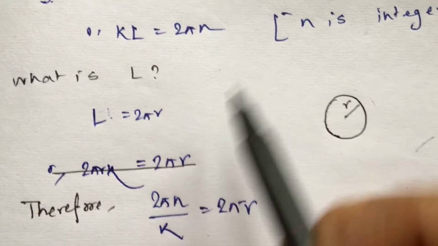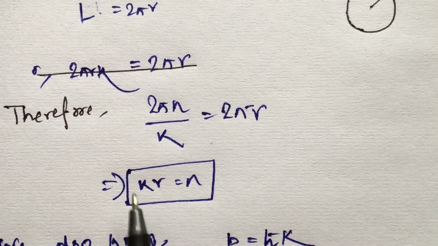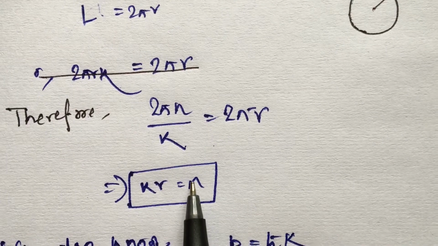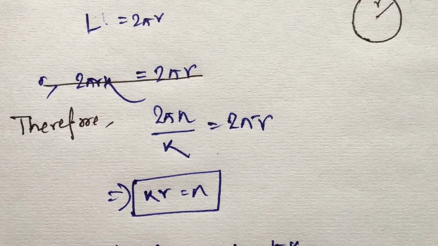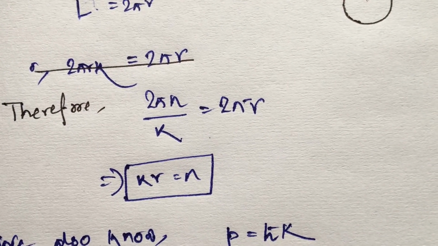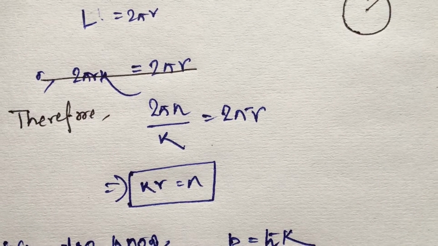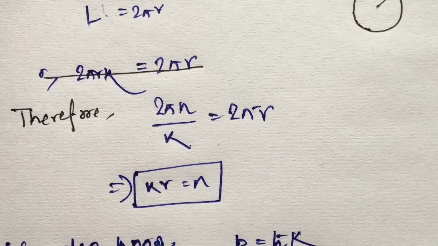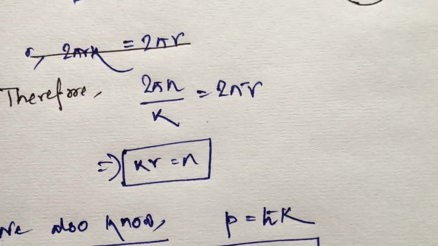So I am equating 2 pi n by k equal to 2 pi r, which gives me kr equal to n, and n is quantized, because n is equal to 0, 1, 2, etc. n cannot take just any value I like. n can't be 1.5, it can't be 1.7, it can't be 2.08, etc. So here kr is quantized, which means k is quantized.